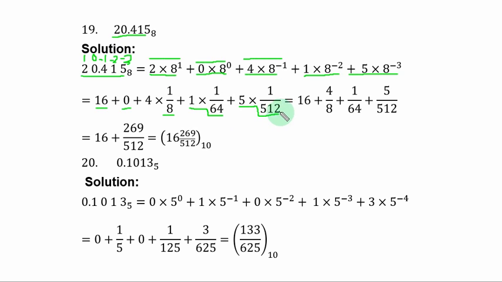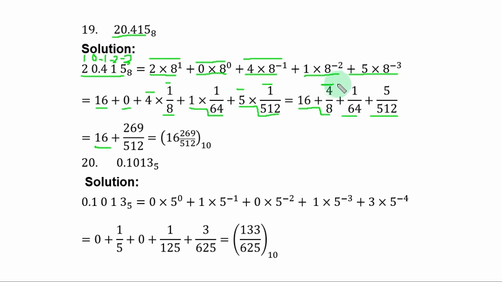So when you multiply out, you have 16 plus 4/8, that is, multiply 4 by 1 now, you have 4/8 plus 1/64 plus 5/512. That is 5 times 1 is 5 over the denominator 512. So you have one whole number part, that is 16.